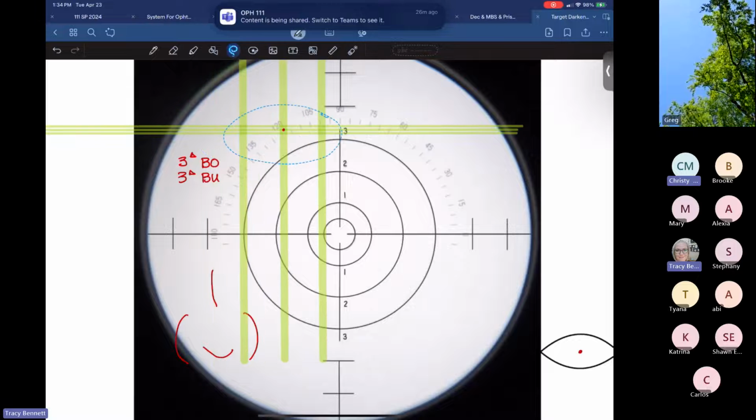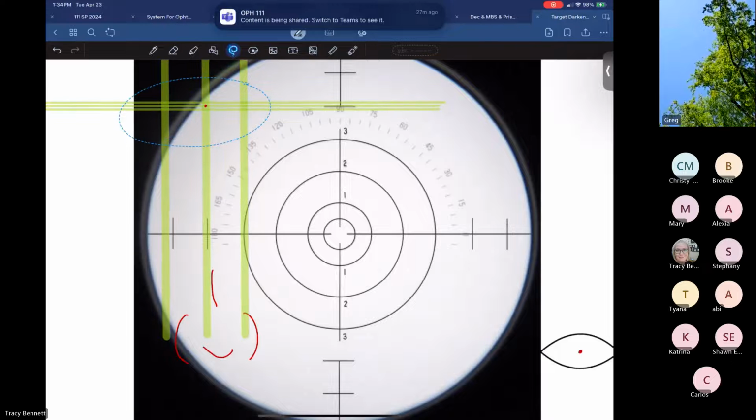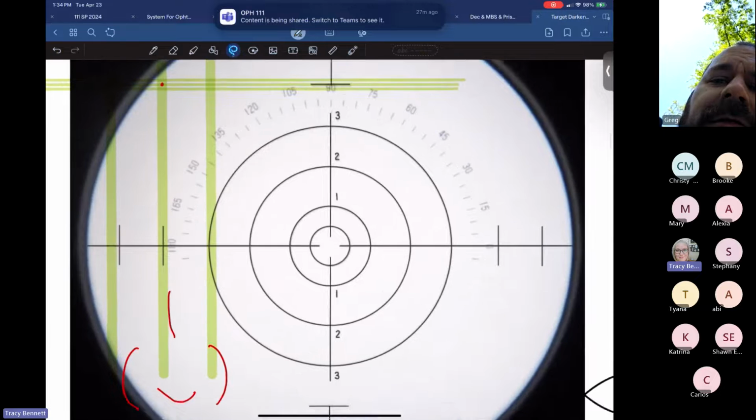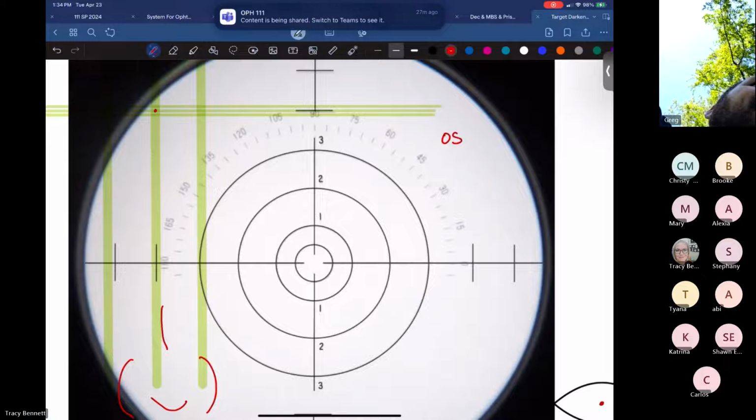What about that one? That one's a little bit further off target. It's getting pretty close to where we need to be, or we need to be using that prism compensating device. So we're going to say this is an OS, so the nose is on the left.